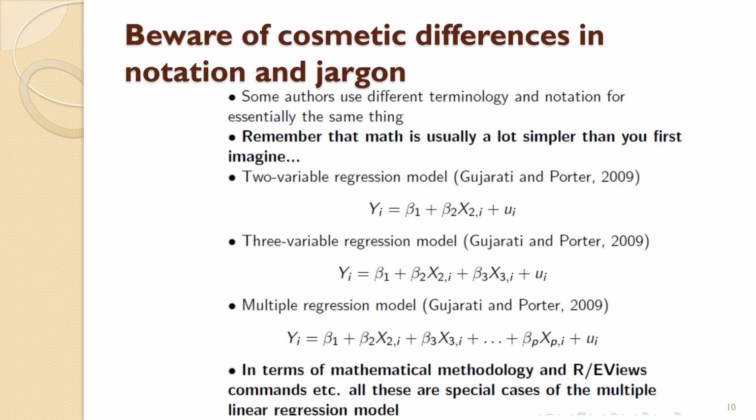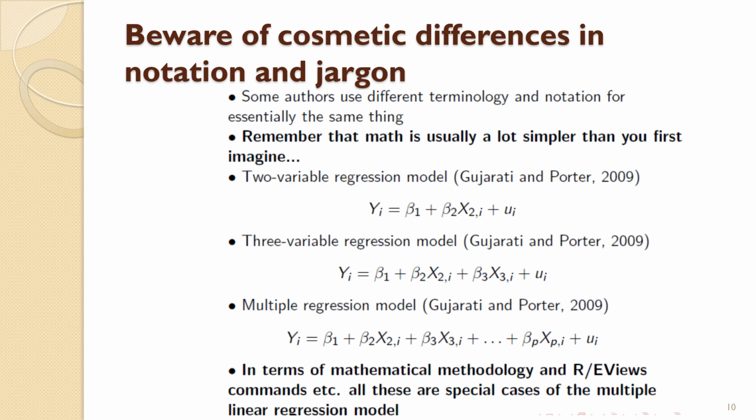So in Gujarati and Porter, they talk about a two variable regression model: y, second variable x2, third variable x3, and a multiple regression model where you have more than three x variables in the model.